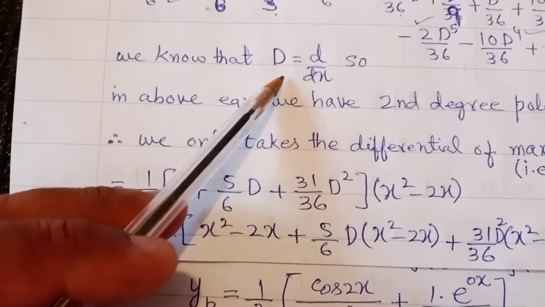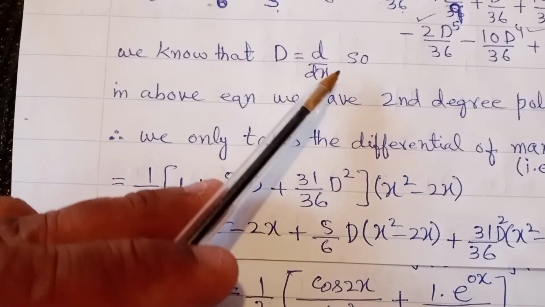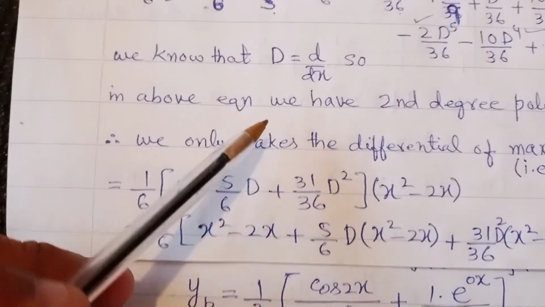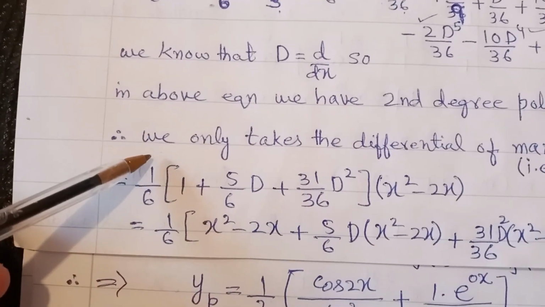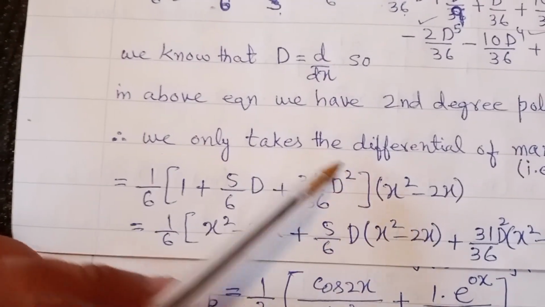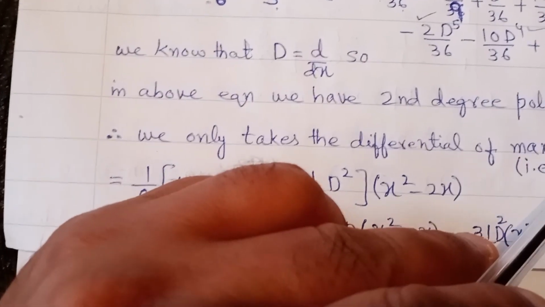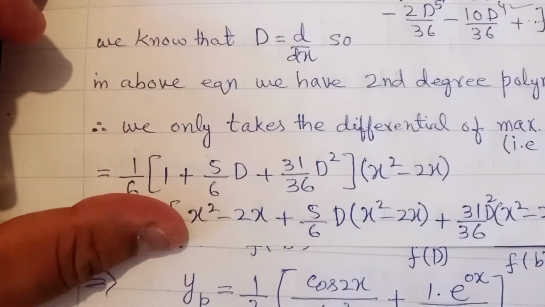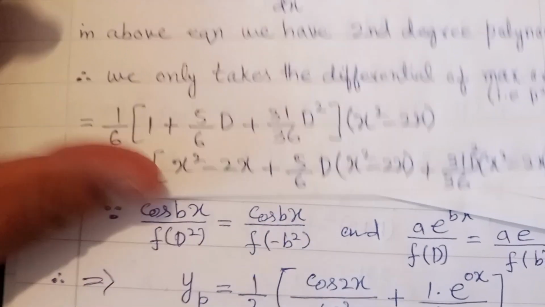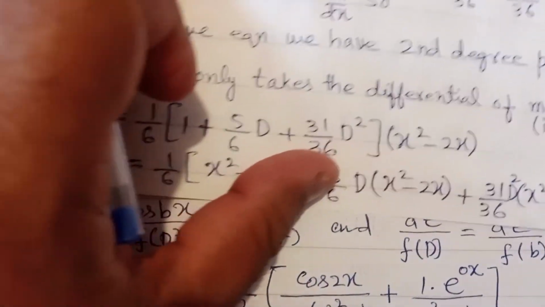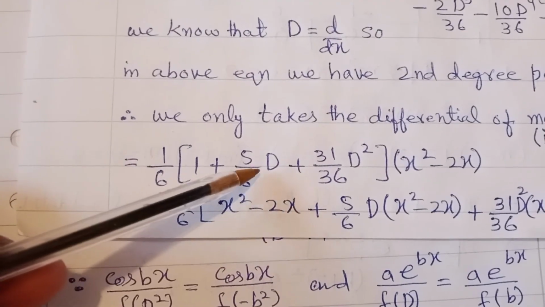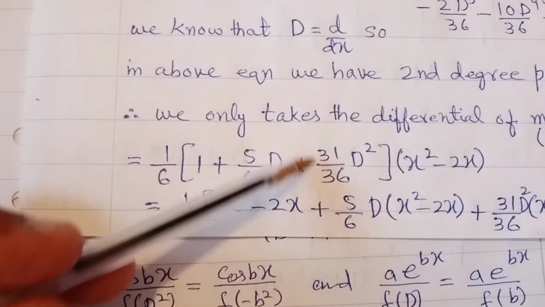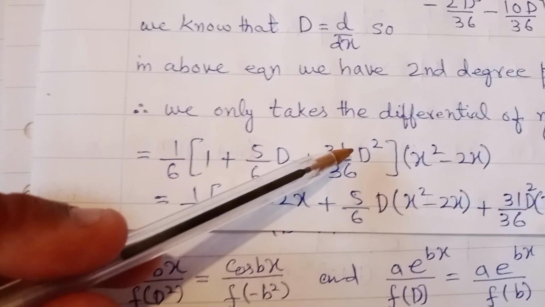D expresses the differential, that is D is equal to d upon dx. So in the above equation we have a second degree polynomial, therefore we only take the differential of maximum order 2, right? So here in the equation, the terms with differential of maximum order 2 are 1 upon 6, 1 plus 5 upon 6 D plus 31 upon 36 D square.